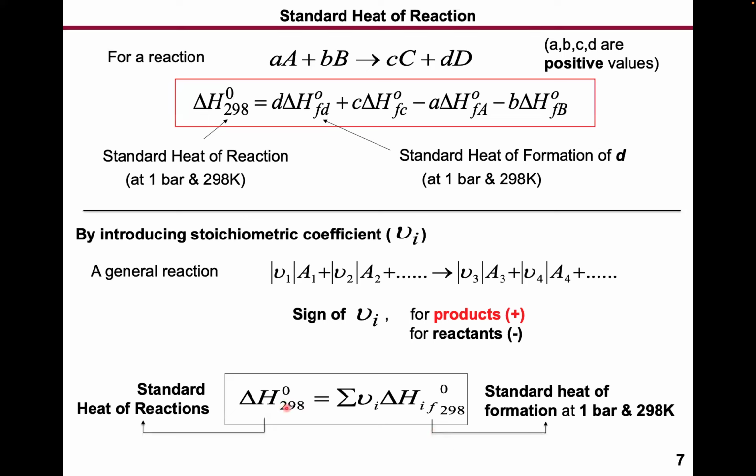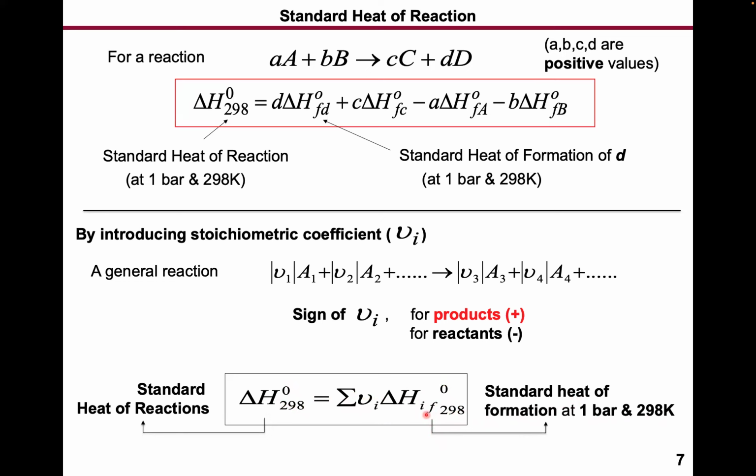So delta H 298 0 is equal to the summation of stoichiometry coefficient times delta H IF 298, the standard heat of formation for a particular species. Okay. All right, so that's standard heat of reaction.